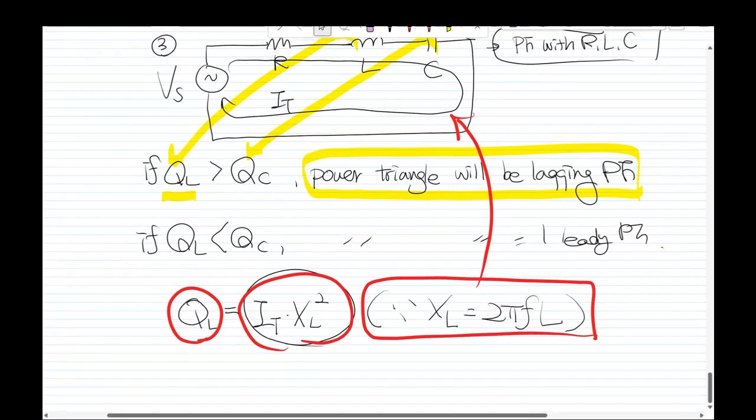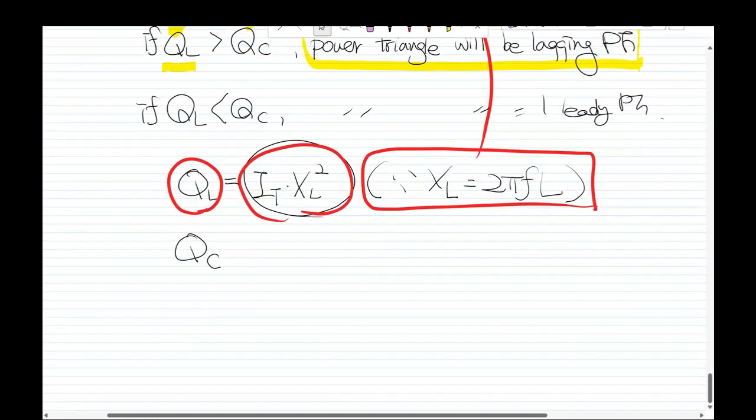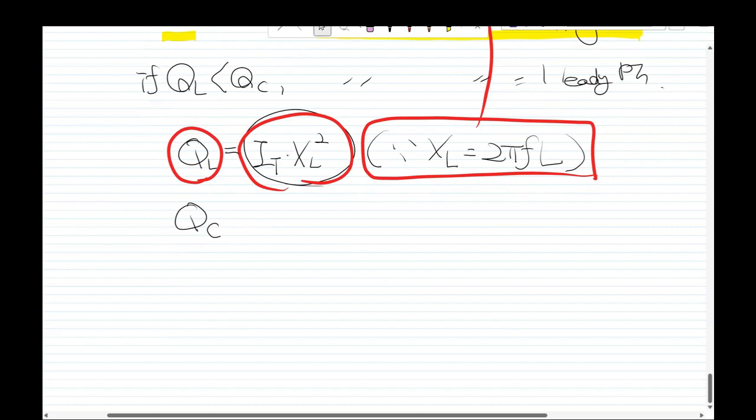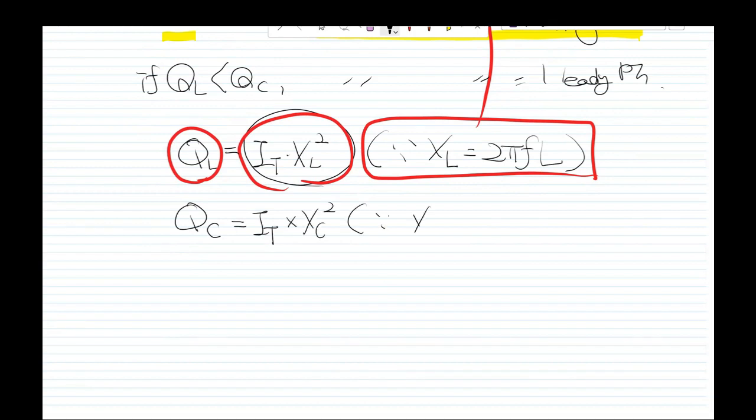And then Q sub C is I sub T squared multiplied by X sub C. And X sub C is what? 1 over 2 pi FC. Usually the frequency and capacitor are given.